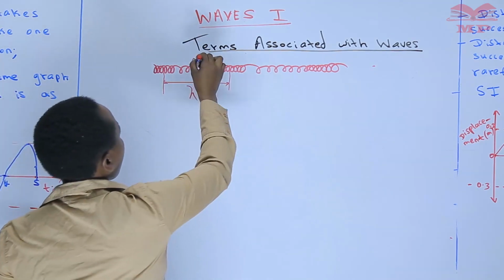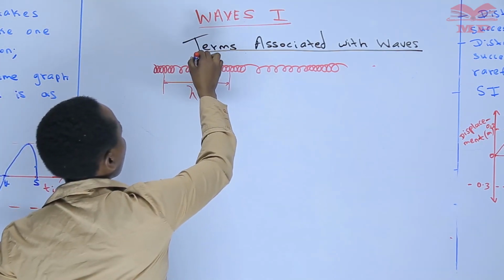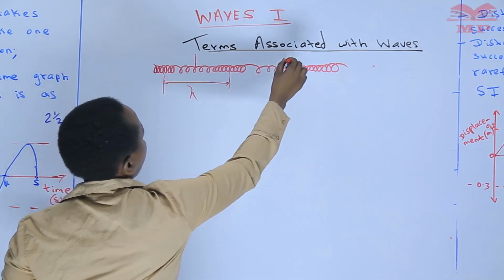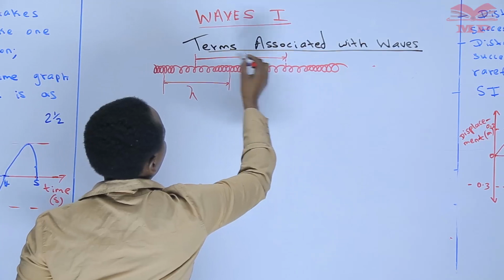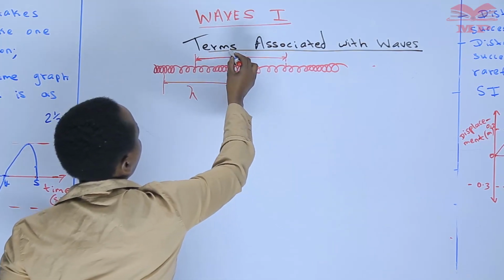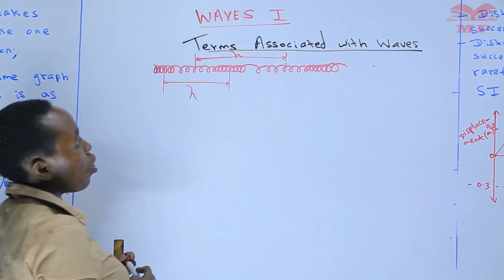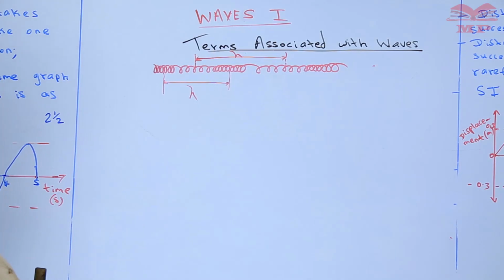So we have the distance in between this rarefaction here and the other rarefaction. So this distance is what we are calling a wavelength, or simply the distance in one complete oscillation.